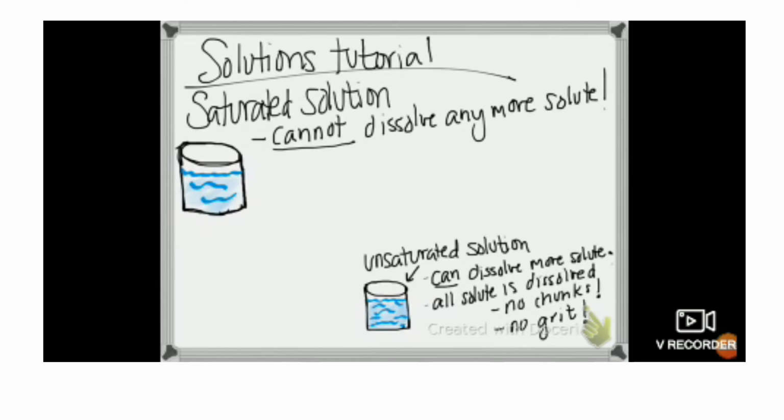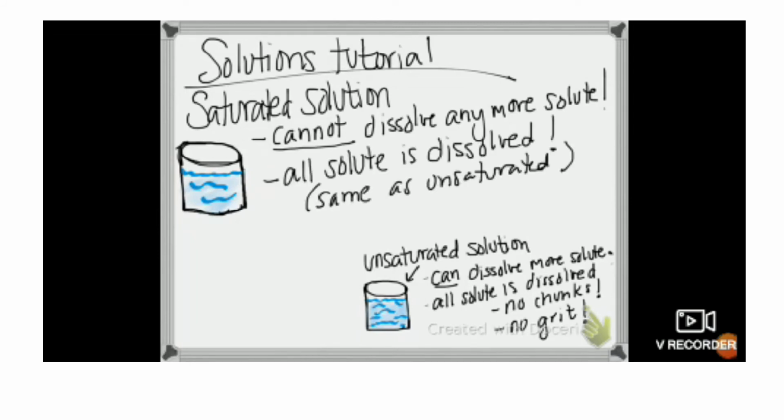Here we have a saturated solution. It cannot dissolve any more solute. But how does a saturated solution look? Well, here's the weird part. In a saturated solution, all the solute is dissolved, which means it looks the same as the unsaturated, right at the point of saturation.